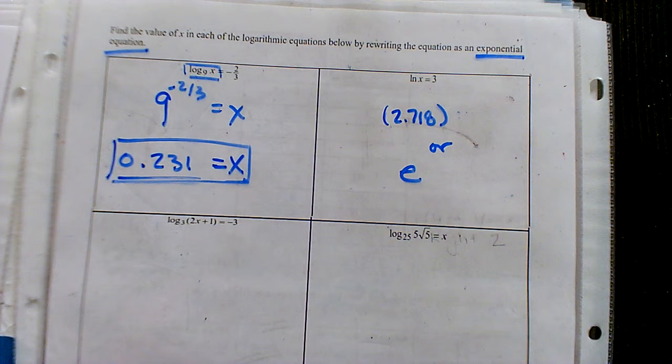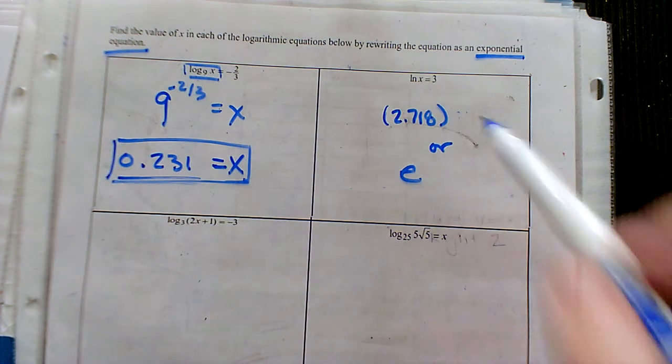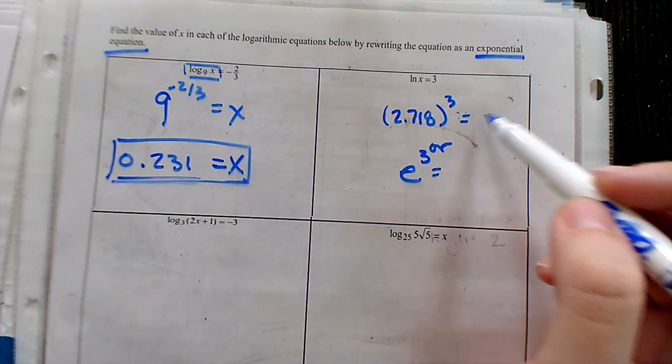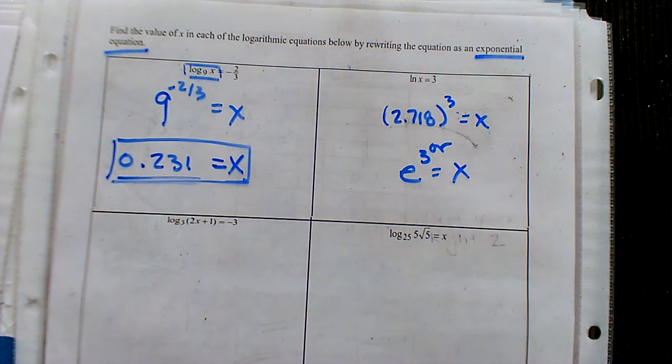What would the power be? Go ahead, Rebecca. It would be 3, and then it would equal the argument, which was x.